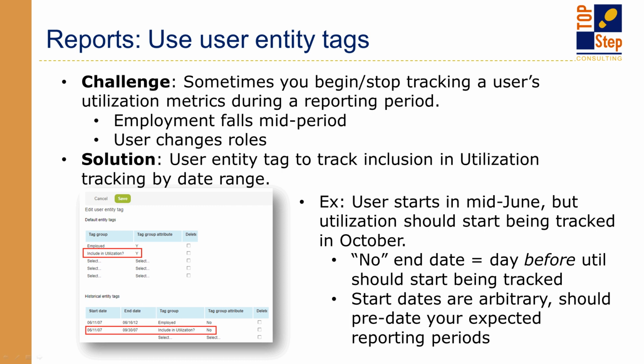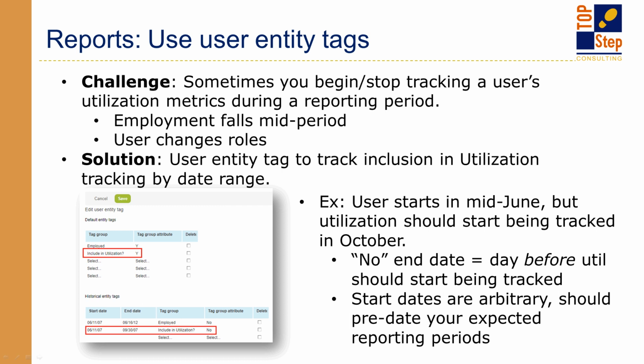A couple of notes in creating these and setting these attributes on your user record. The default entity tag should always reflect the current state. So in our example here, our resource is currently in a billable position, so we want to track their utilization. So we're going to set the default value to Y. Now, the historical entity tag has to be present to account for that period of time when this resource was not having their utilization tracked.